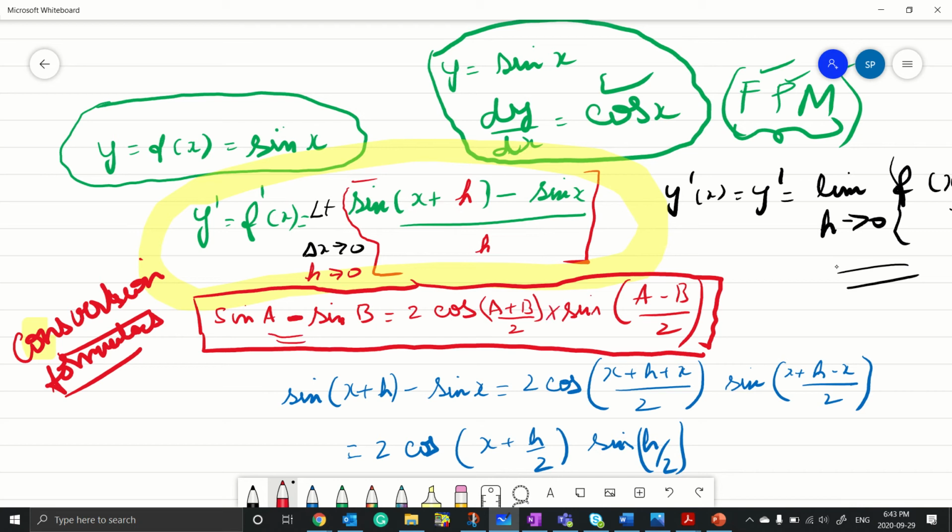2 sin a plus b by 2 multiplied by sin a minus b by 2, where a plus b by 2 is inside the bracket. So this whole thing is inside the bracket, and this whole thing also is inside the bracket. Now please remember that this entire thing is always in radians. A minus b by 2 or a plus b by 2 is always in radians.